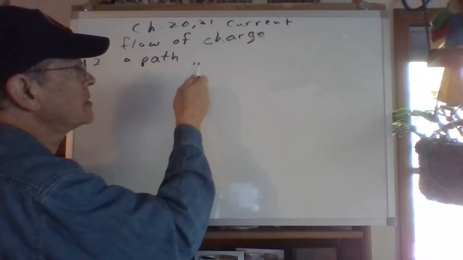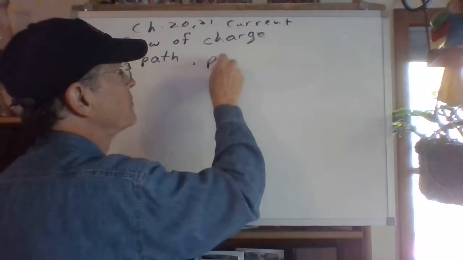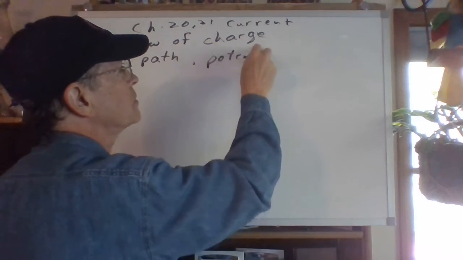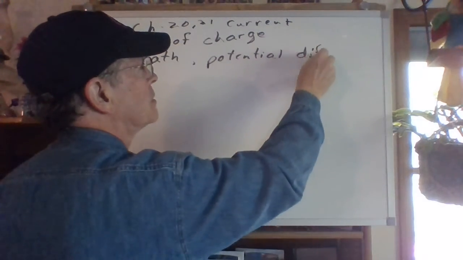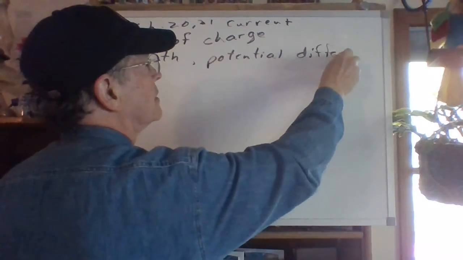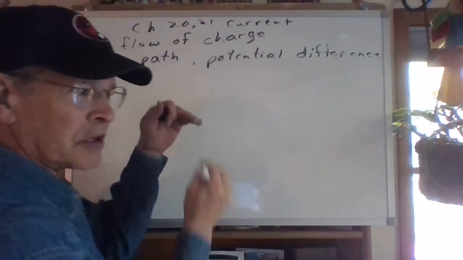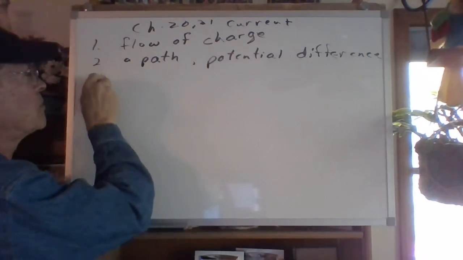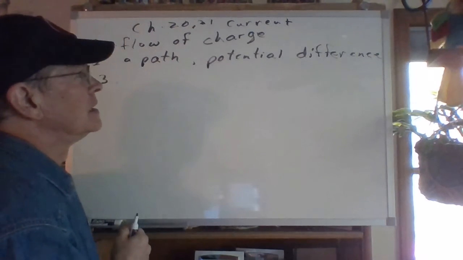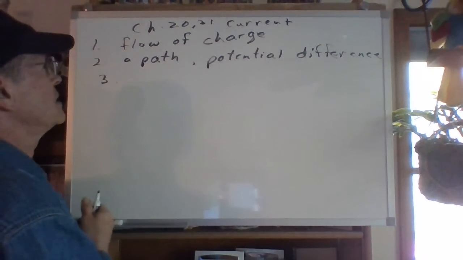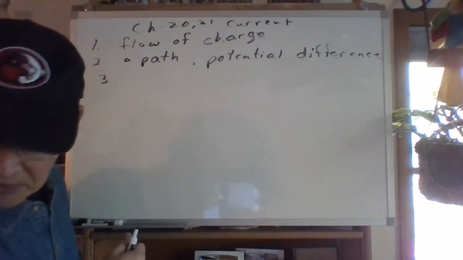In the case of electricity, we say a potential energy difference, or potential difference for short. It is a difference in potential energy from one point to the other. In the case of water flowing downstream, it's a gravitational potential difference. Sometimes they call that voltage, but we'll get to that in a sec.